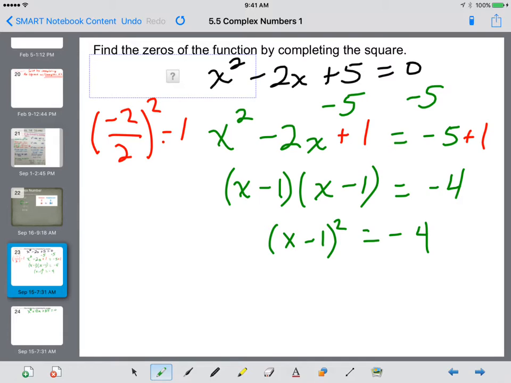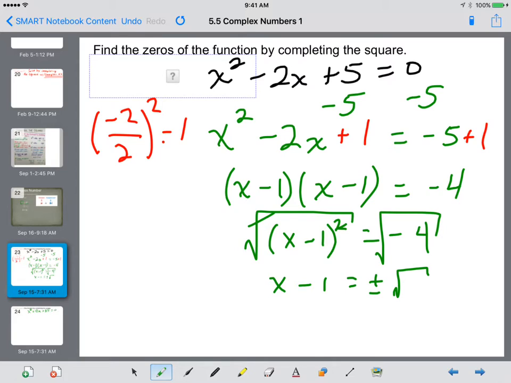To continue to solve, we got to get rid of that power of 2. We're going to do that by taking the square root of both sides. So we have x minus 1, because those cancel, equals, remember this is an equal sign, so we need plus or minus, and we're going to take the square root, remember our imaginary number, so I'm going to separate this out as the square root of 4 times the square root of -1.